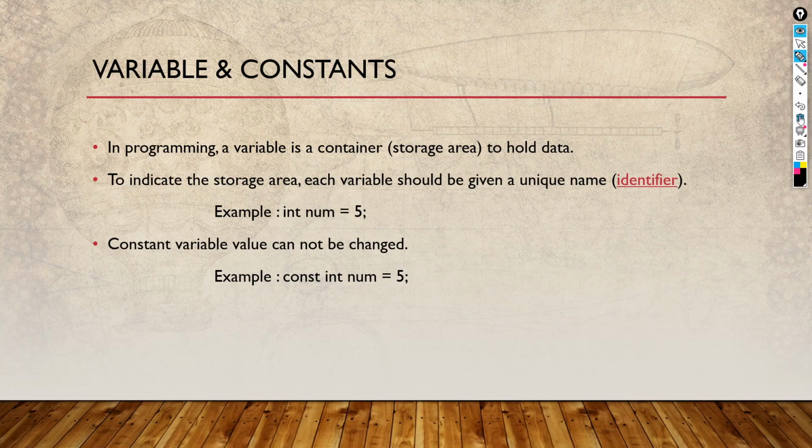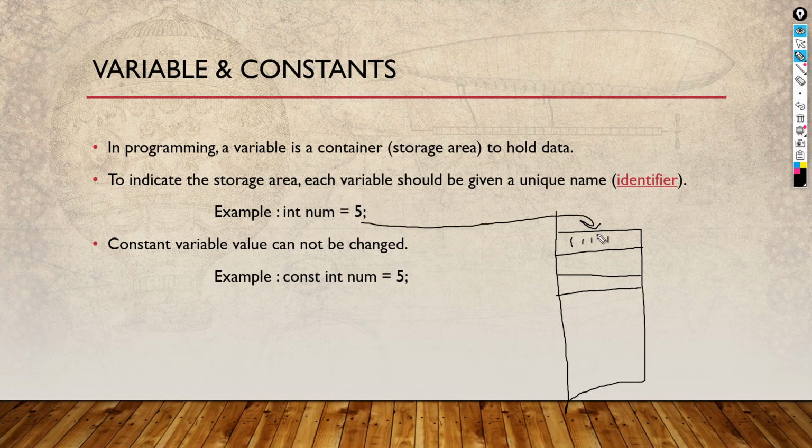What it actually does is, when we say int num equal to 5, in the primary memory, which we have seen is divided into blocks, it creates an area in the primary memory. And when we say equals to 5, it stores 5 into that area.